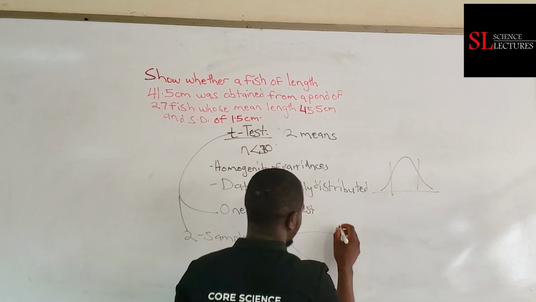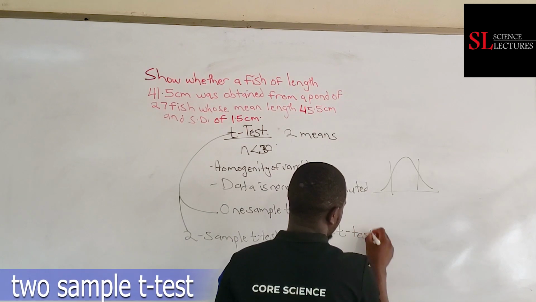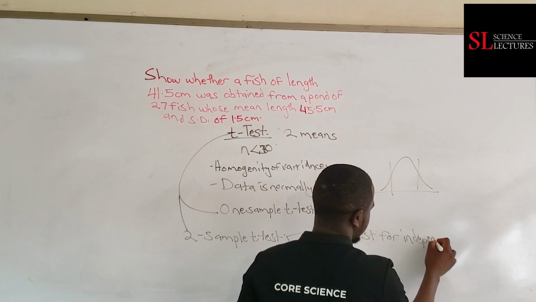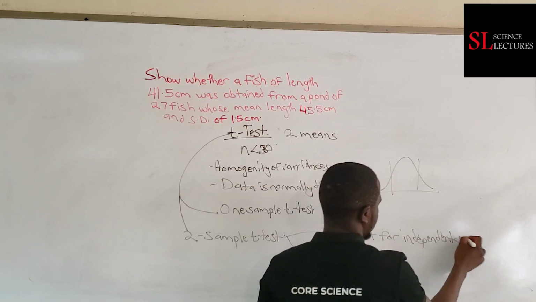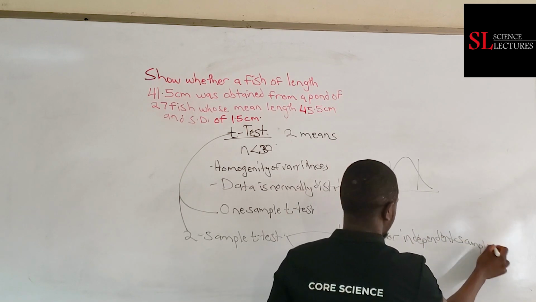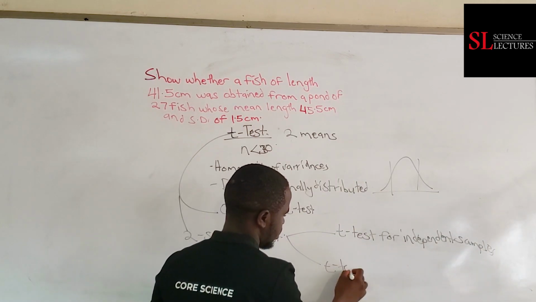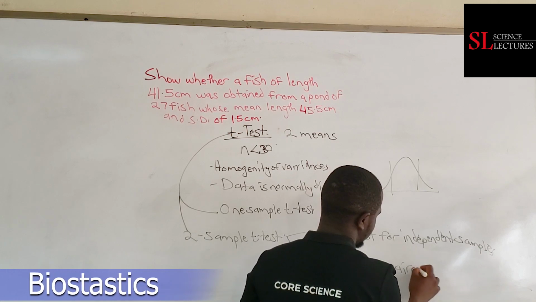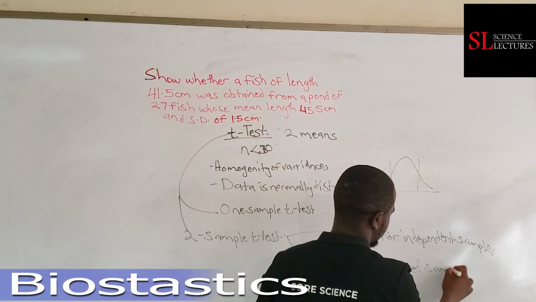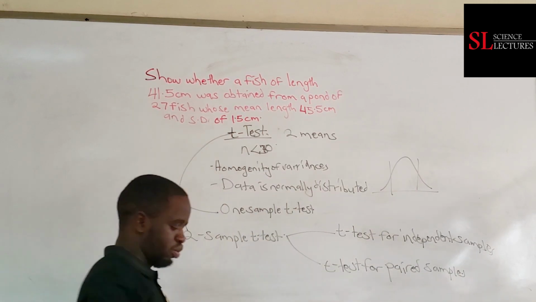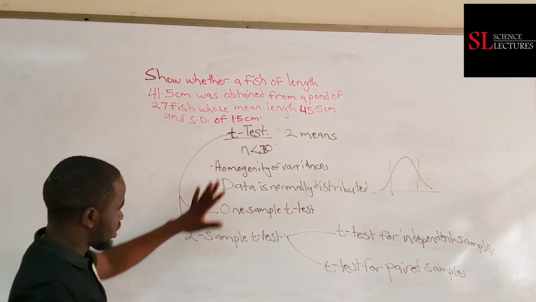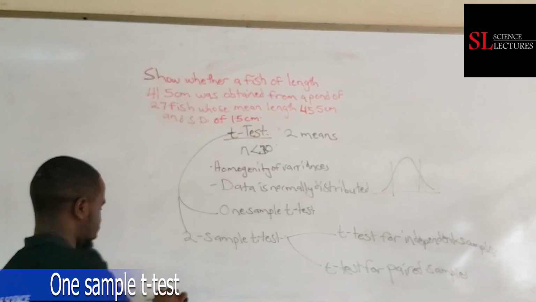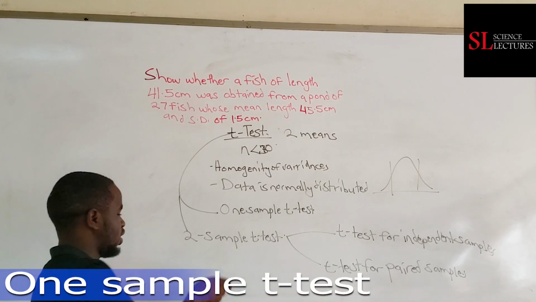That is a t-test for independent samples and a t-test for paired samples. So we say the t-test can further be broken down into two: a one sample t-test and a two sample t-test. So what is a one sample t-test?